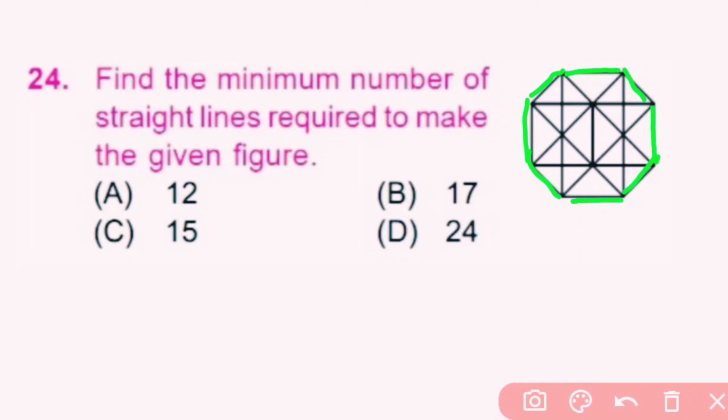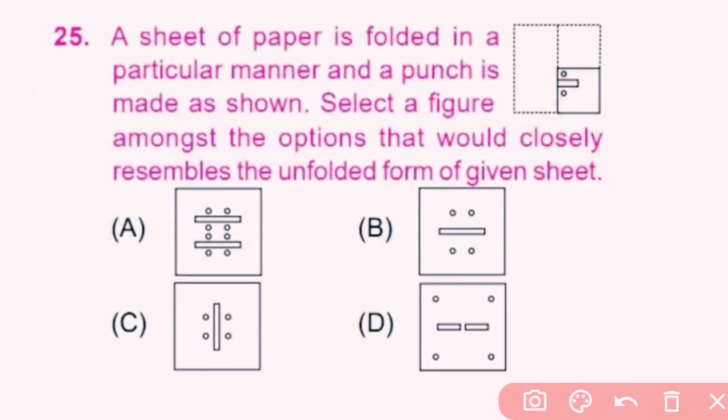And inside this 9, 10, 11, 12, then 13, 14, 15, this 16 and 17. So there are a minimum of 17 straight lines. B is the correct answer.